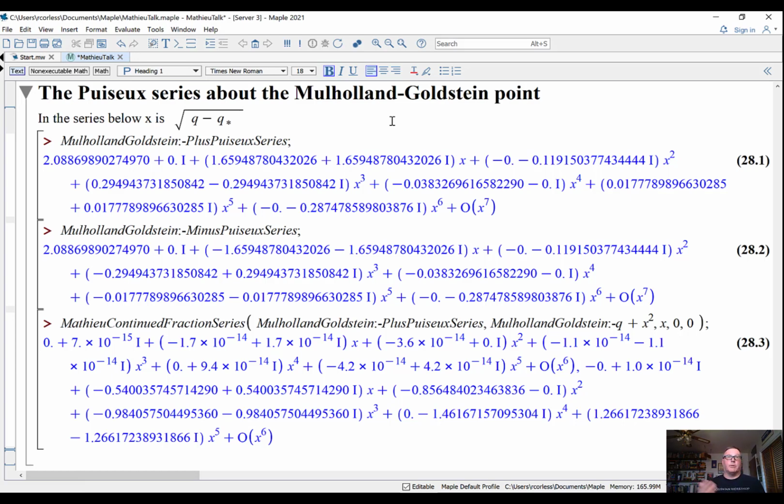And I take the plus Puiseux series and plug it back into the continued fraction series, and we see that all of the coefficients of the resulting series for T1 are 0, but only the first coefficient for TA, the dt by dA, is 0 in there. And that's important. If there were more coefficients 0 there, this series iteration wouldn't work. But anyway, I think it's pretty cool that we can compute Puiseux series by Newton iteration about the double points.